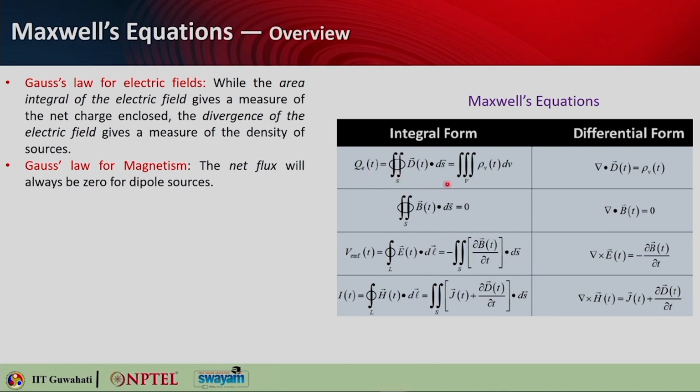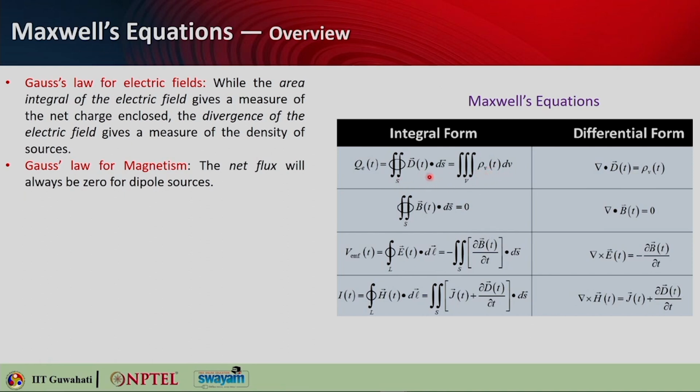You can also write it in terms of the charge density over volume. This V stands for volume charge density, so you call it rho V. If you integrate it over the volume, you will get nothing but the charge. So this one and this one then need to be equated.